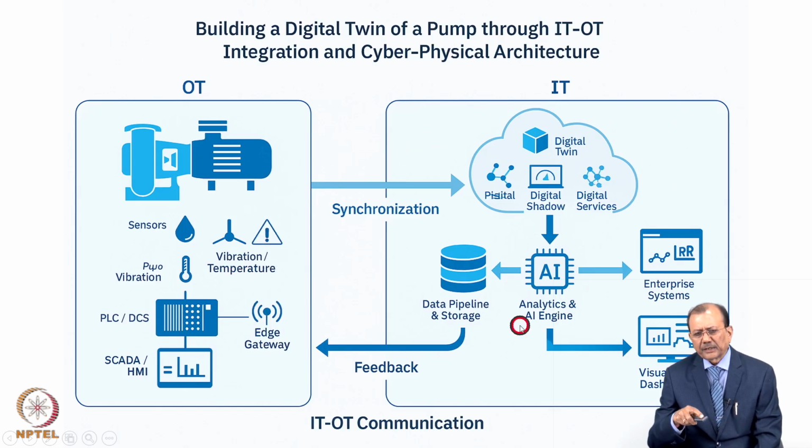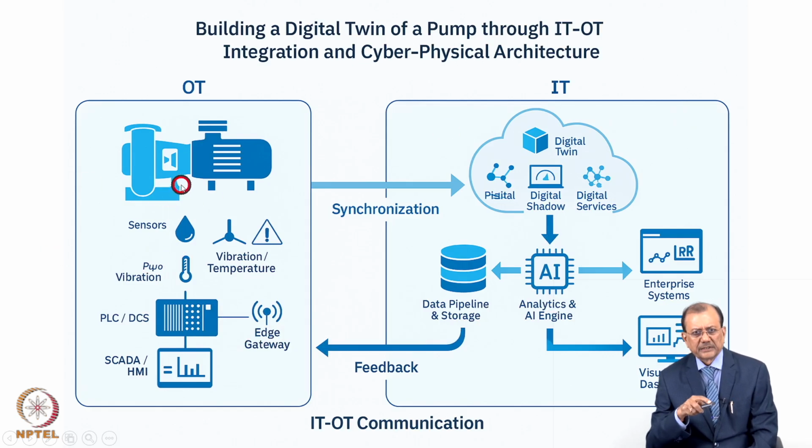And if any feedback loop is required, it sends the feedback loop, which I explained for monitoring or for taking some action. So this is the first requirement of setting up the cyber digital twin, which is a cyber physical system: we have to set right our OT and IT system integration.